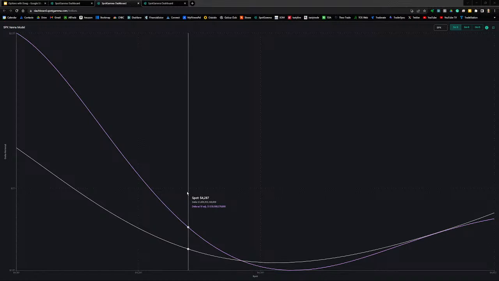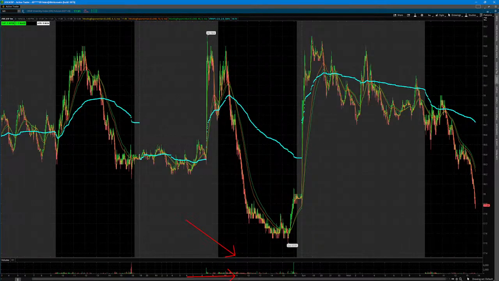That's about as close as I'm going to get. So what this is showing is that as price is increasing, implied volatility drops. Let's take a look at a chart of the VIX futures.